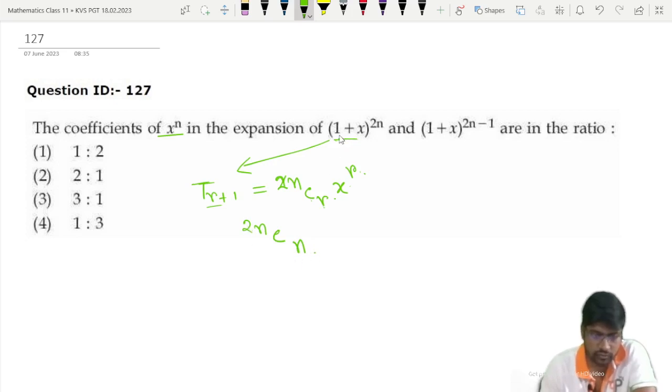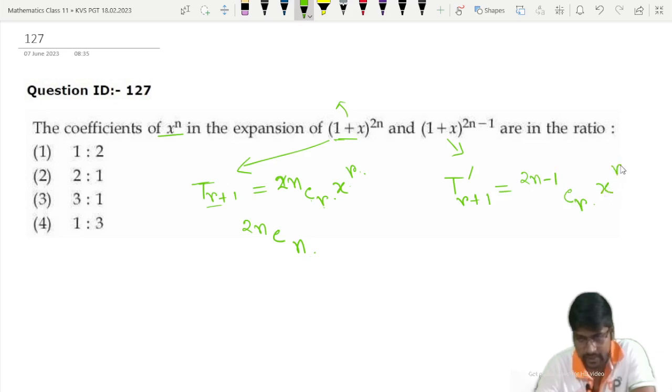So we have got the coefficient of x to the power n in the first expansion. Similarly in the second expansion, let us say t dash of r plus 1, this is the r plus 1th term. So this will be equal to (2n minus 1)Cr x to the power r.